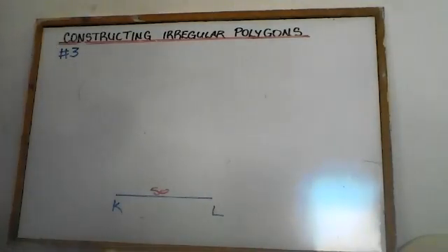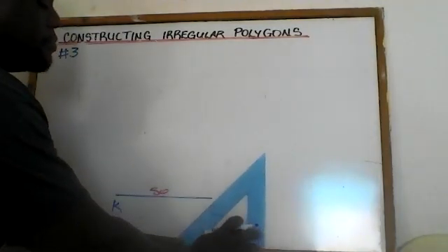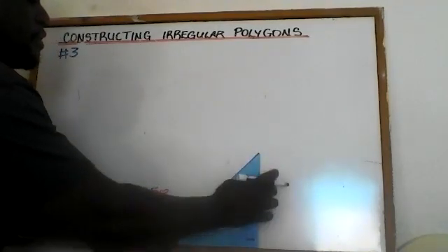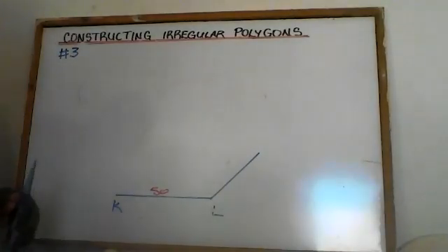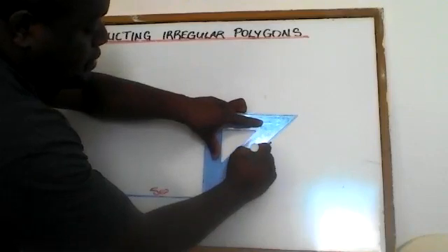This side is K, that side is L. The angle at L is 135 degrees. From the previous demonstration we did, an angle of 135 can be had by using a 45-degree set square. Now, that is going to take us to M. So LM is actually 40 millimeters, so this will need to be extended a little bit more to 40.